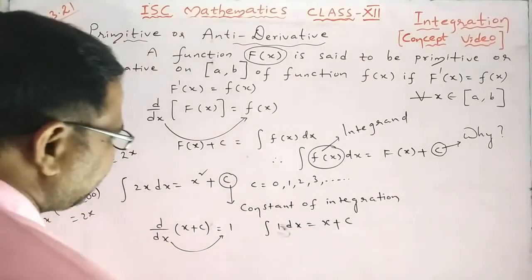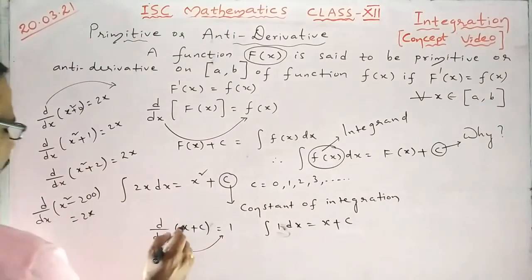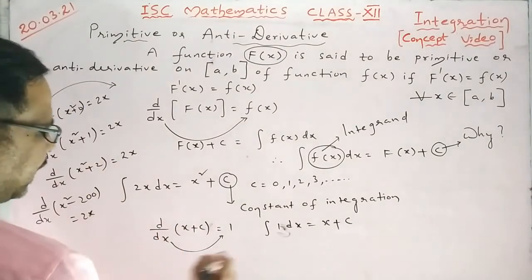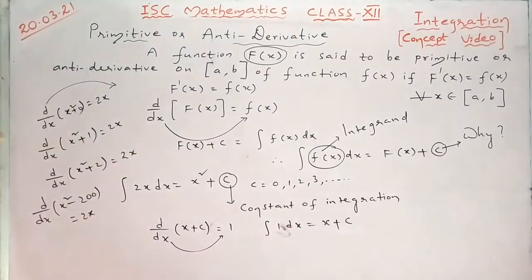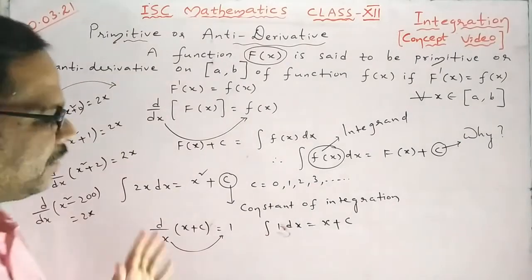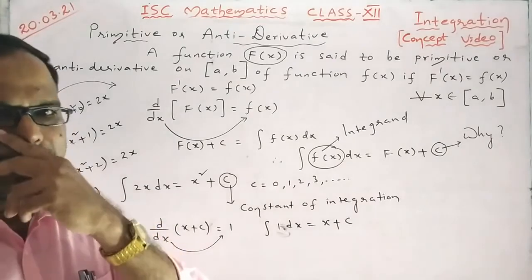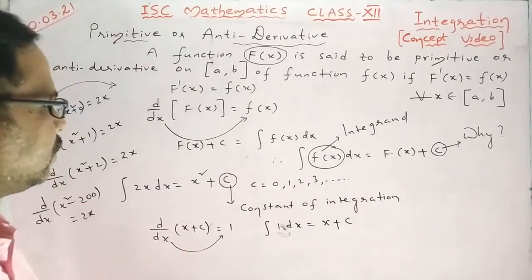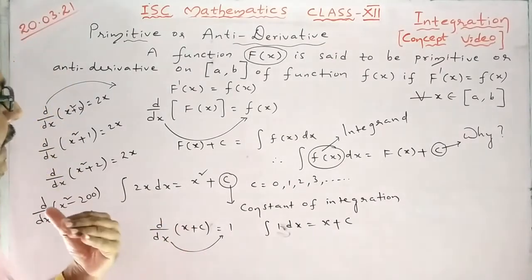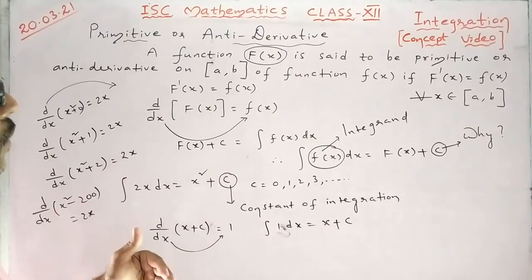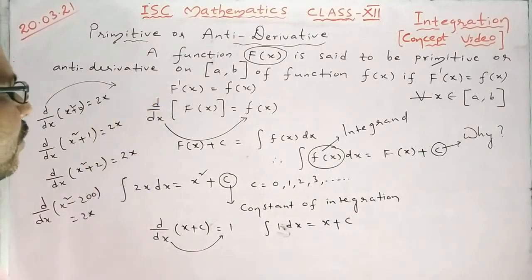So derivative of x is 1, integration of 1 is x. So purely if you know the derivative formulas, you can get integration formulas easily, because integration is the inverse procedure of derivative.